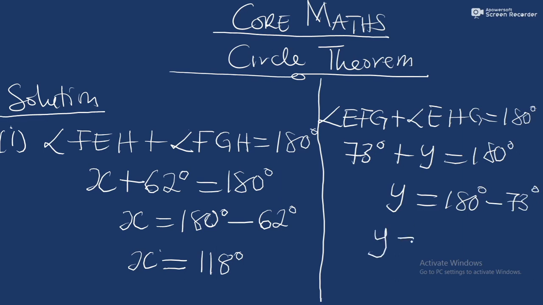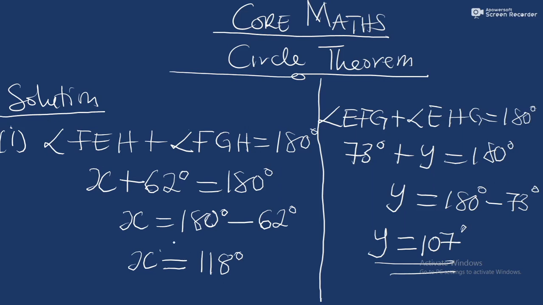And our Y will be equal to, so when we subtract, we are going to get what? 1, 0, 7 degrees. Good. So these are the answers to our assignment. So X is 118 degrees, Y is 107 degrees.